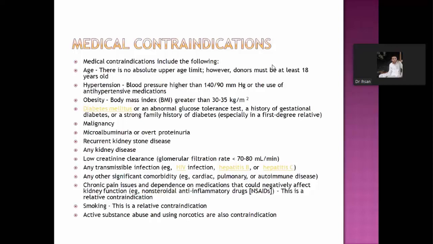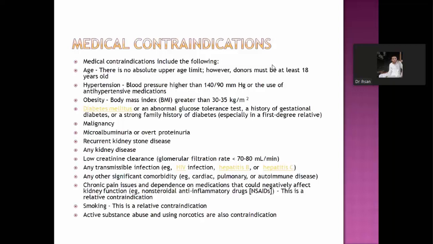Malignancy, microalbuminuria or proteinuria, recurrent kidney stone disease, any kidney disease, low creatinine clearance, GFR less than 70 to 80 ml per minute, any transmissible infection, for example HIV, Hep B, Hep C, any other significant comorbidity, for example cardiac, pulmonary, or autoimmune disease, chronic pain issue and dependence on medication that could negatively affect kidney functions. For example, NSAID.